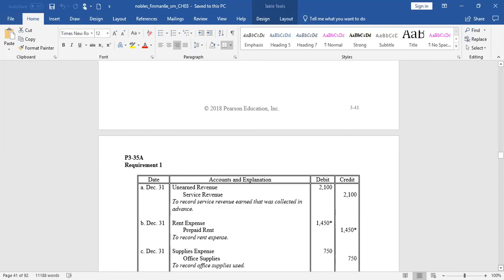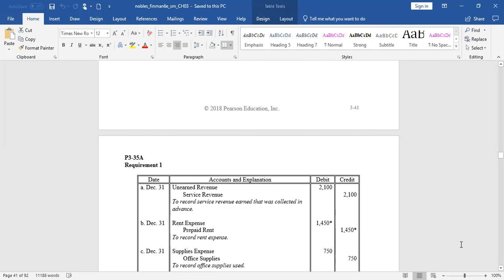Things like building, office equipment, furniture, vehicles. We don't include land because we don't depreciate or expense land. The other key component is that it's the assets that will deteriorate over time that we expense because we use them up, where land does not deteriorate.